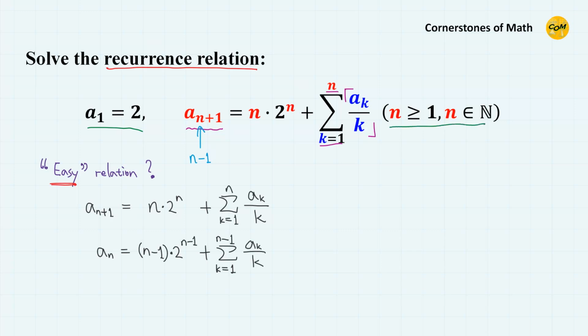Since the given recurrence relation is valid for natural numbers greater than or equal to 1, this expression for an is valid only for natural numbers greater than or equal to 2. That is, we cannot substitute n equals 1 to obtain a1 using this relation, which is pretty obvious.